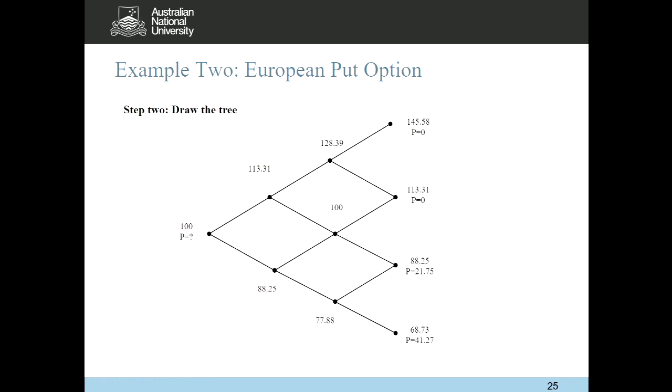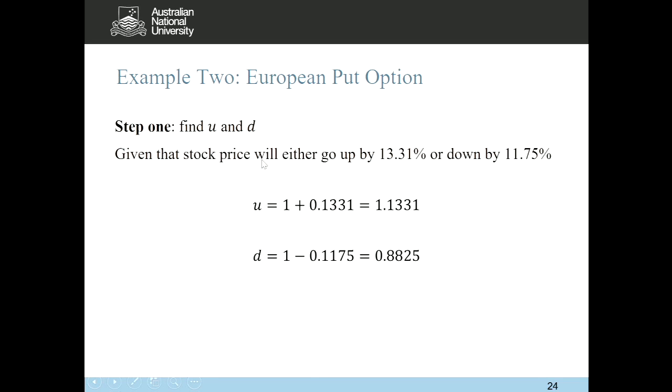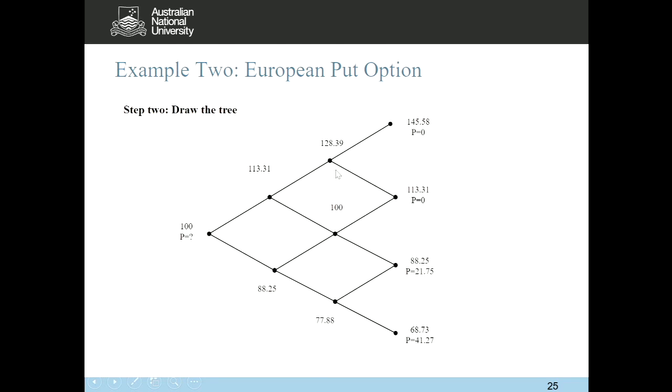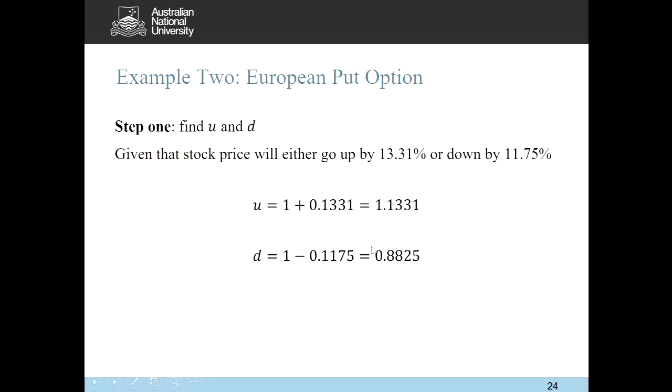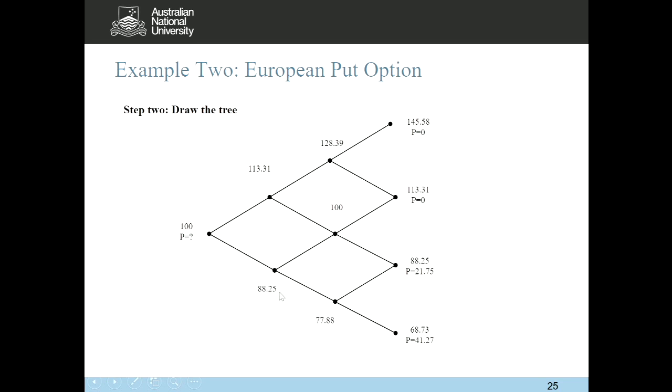Then we get a share price up here, right? So that's simply $100 multiplied by the u. Then the way we get this 88.25 is by taking this $100, then multiplying by the proportional decrease, the little d, which is 0.8825. Then we get a share price of 88.25 down here.